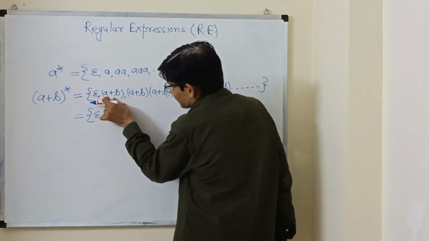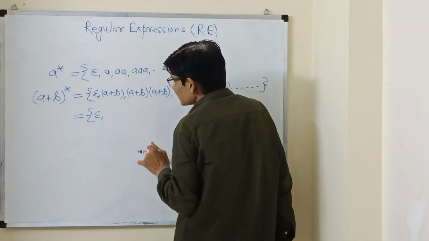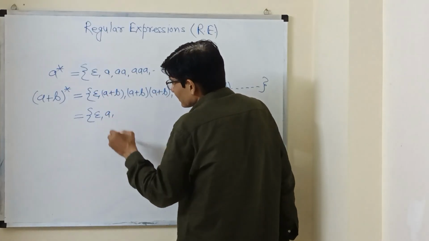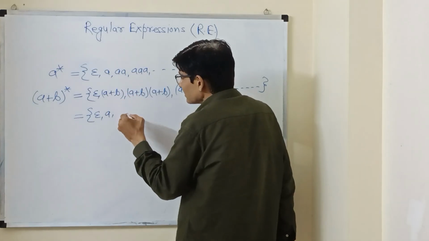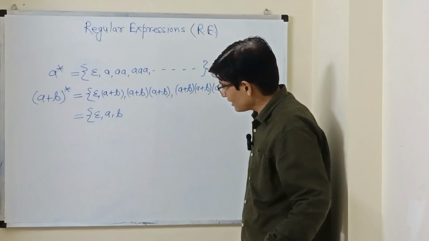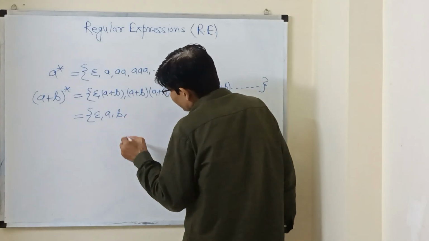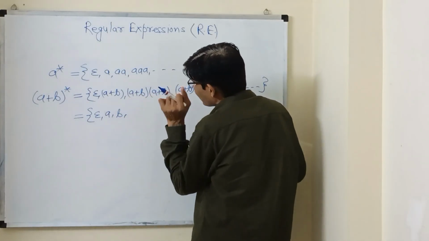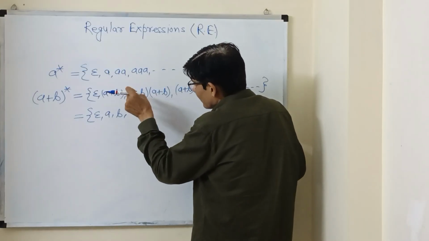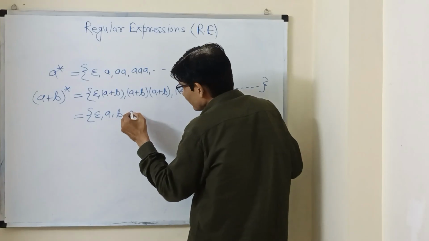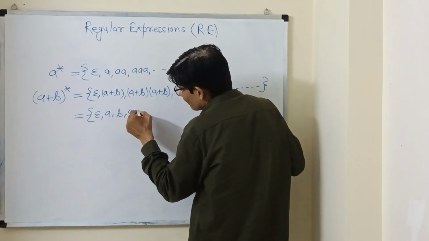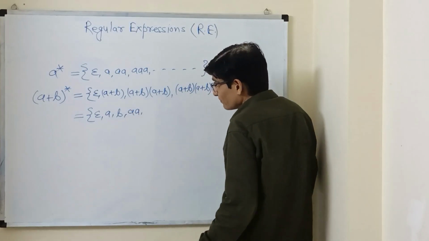Then for this we have two choices. First we select a, so it will create a. Then second time we can select b, so it will create b. Now again, we have two a plus b here. For the first a plus b, I am selecting a, and for the second, I am again selecting a, so it will make aa as one string.